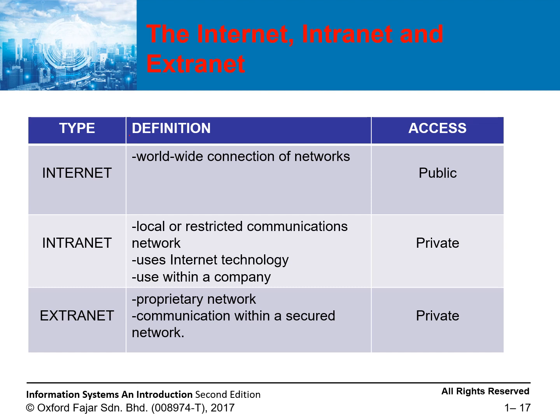It provides links to data, services, and information with other network sources of companies that collaborate together. So this access is also private access. So that is the differences between the internet, intranet, and also extranet.